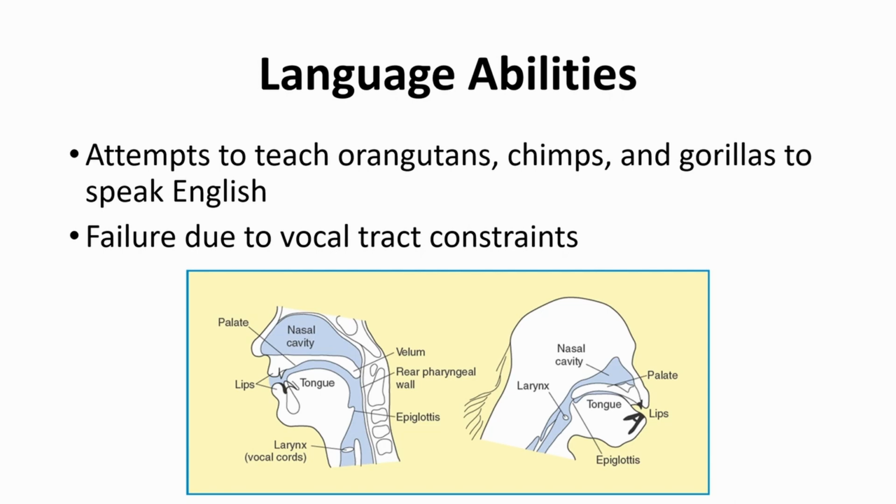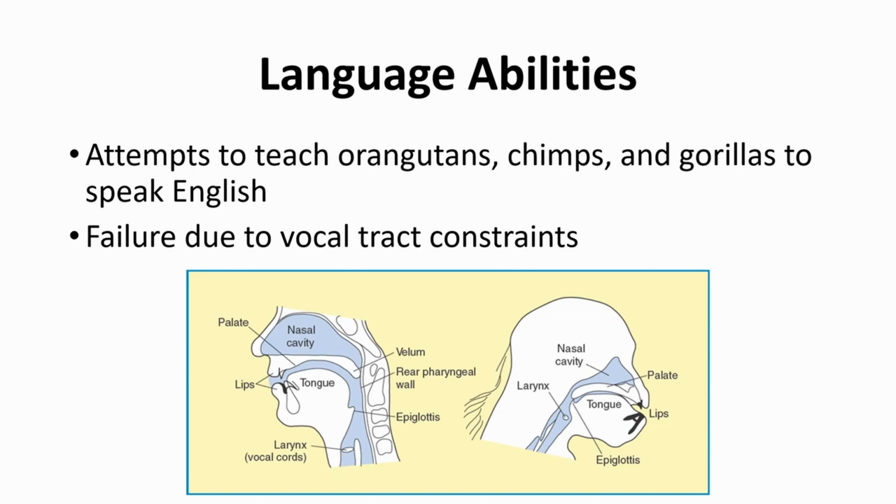Much of language research in non-human species has focused on our closest relative, the great apes. There have been tons of attempts to try and teach orangutans, chimps, and gorillas to speak English. And of course, most of these have failed spectacularly.